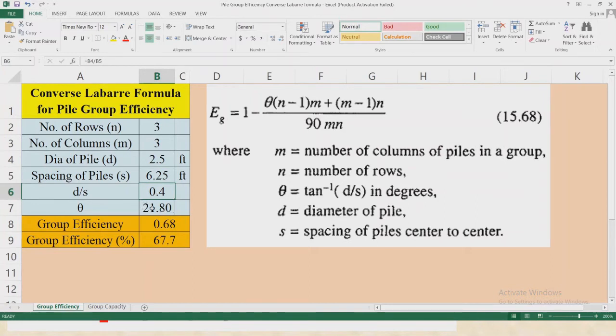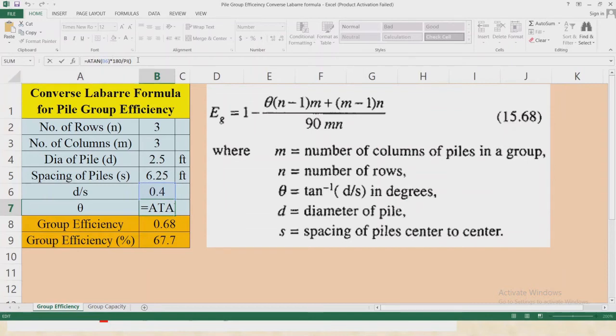And how to calculate theta? For theta I have an equation: tangent inverse of d by s. So how to find this in Excel? For this I will use the equation equal to ATAN, which means tangent inverse, of d by s. D by s is equal to 0.4.